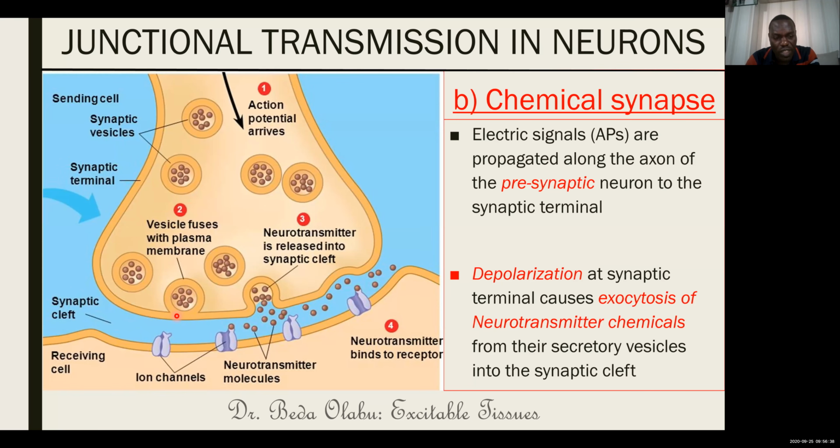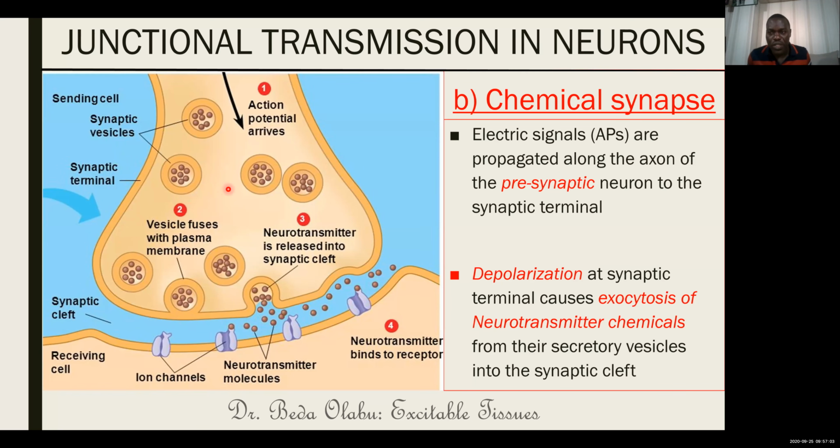When they fuse with the cell membrane here, it's called docking. And after they have docked, they release their neurotransmitters. They release the chemicals they contain through the process of exocytosis. So depolarization that reaches here causes that to happen.